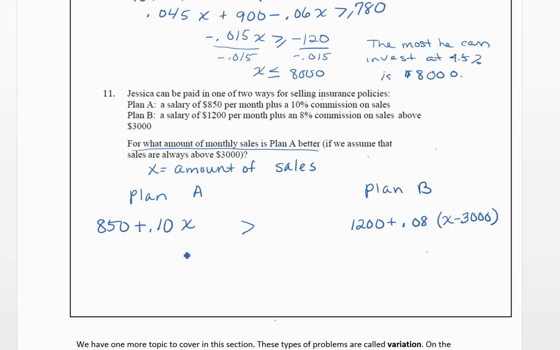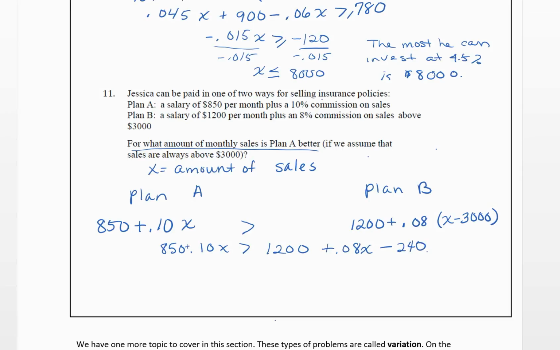Okay, so to solve this, let's leave the left-hand side alone for right now. We'll distribute the 0.08, so we'll have plus 0.08x minus 240.